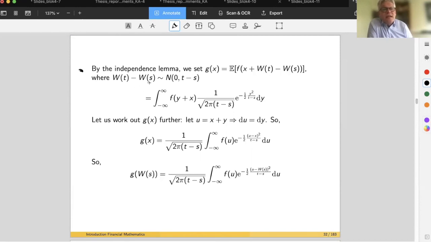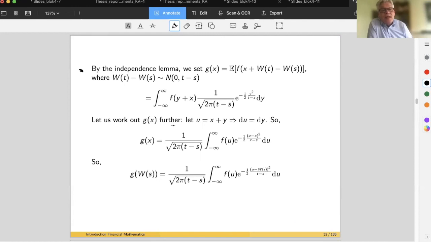And again, this increment is normally distributed. That gives us the integral from minus infinity to infinity of f(y plus x), 1 over the square root of 2 pi (t minus s), e to the power minus 1/2 y squared over (t minus s), dy.